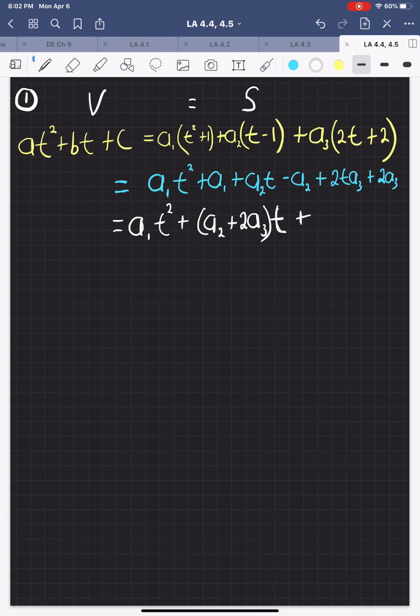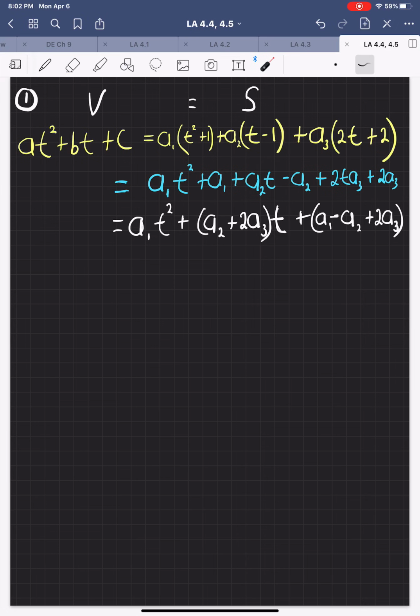Ready? Let's go ahead and finish this up. So this would be a sub 1 minus a sub 2, and then finally plus 2a sub 3. Perfect. So there's no t variables in here, there's t to the power of 1 here, and there's t squared here.